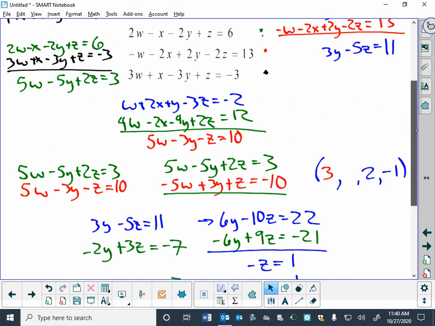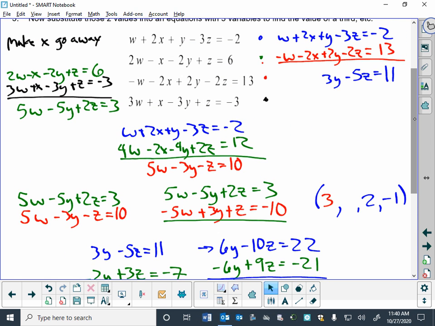And now I know 3 of my numbers, so I'll go grab maybe my very top blue equation up there, which said that w, which I now know, plus 2x plus y minus 3z is -2. And my w here was a 3. This was a 2.